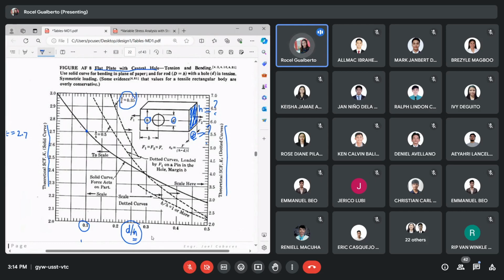So what do we do in that case? To get a value of Kt, you need to assume a value.